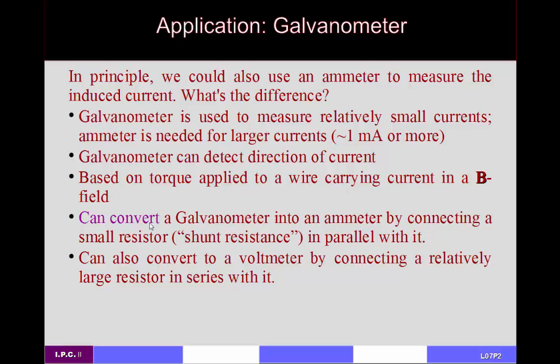And as I've noted before, you can convert a galvanometer into an ammeter by connecting a shunt resistance in parallel with it. And you can also convert it to a voltmeter by connecting a really large resistor in series with it. So a small resistor in parallel makes a galvanometer into an ammeter. A large resistor in series makes it into a voltmeter.